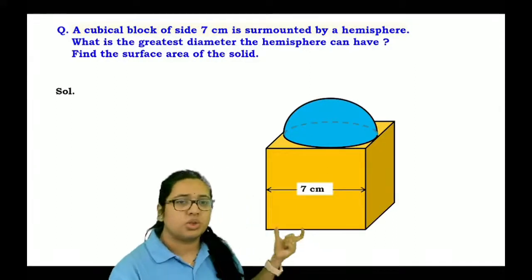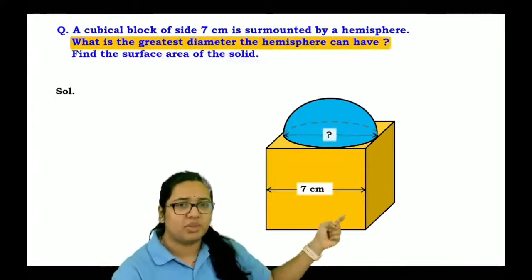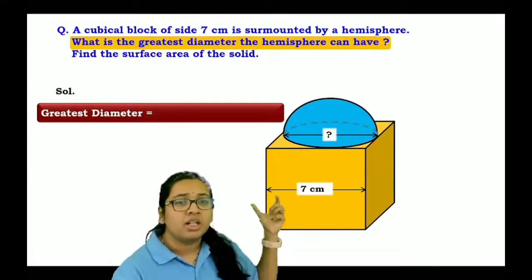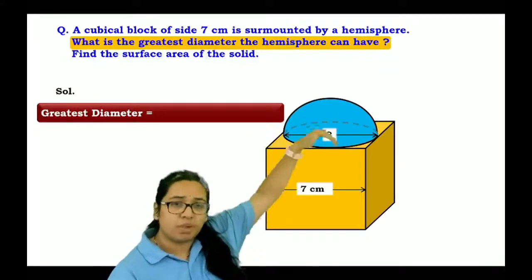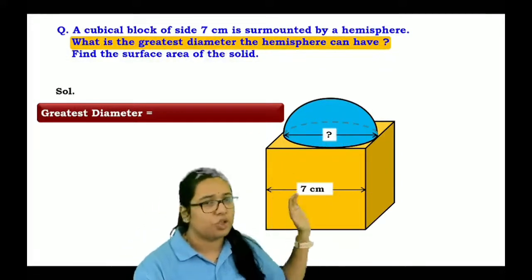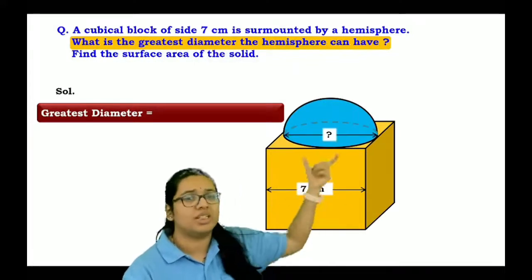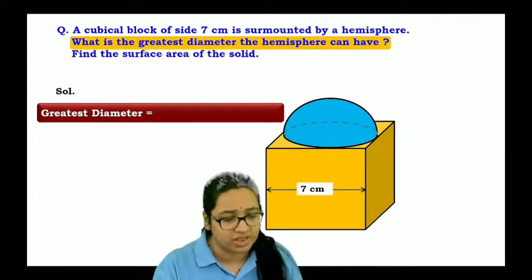If the hemisphere is surrounded on the cubical box of length 7 centimeter, then obviously the greatest diameter should be 7 centimeter.